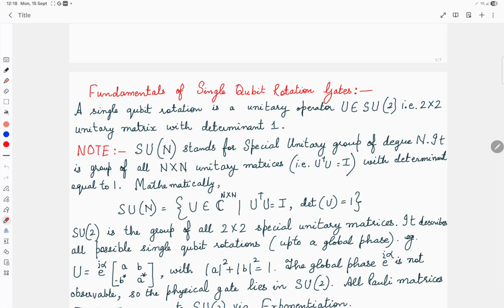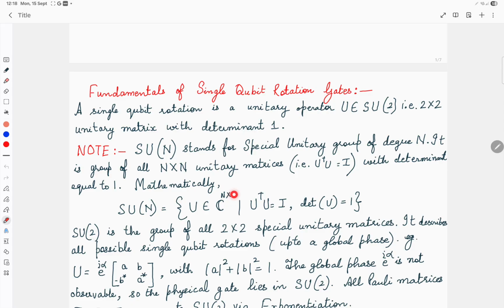So mathematically speaking, how can we put the definition of the special unitary group? It is put like this: the special unitary group of all n cross n unitary matrices is given by, so this U is unitary, and the element is from the complex numbers domain. So all the elements of the unitary matrix can be complex numbers.